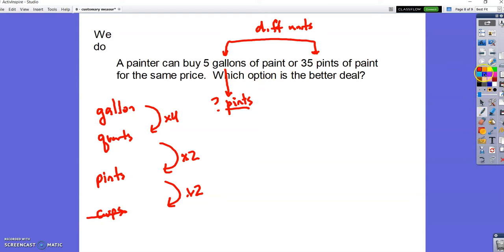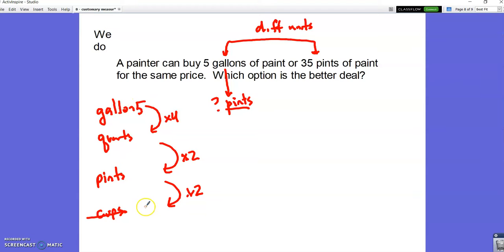So I'm starting with 5 gallons of paint. Each gallon is 4 quarts. So 5 times 4 means that is 20 quarts. And each quart is 2 pints. So 20 times 2 is 40 pints. So now I know 5 gallons is equal to 40 pints.